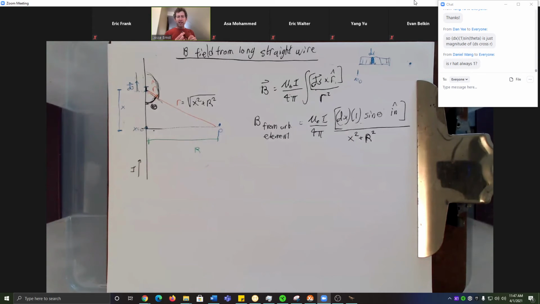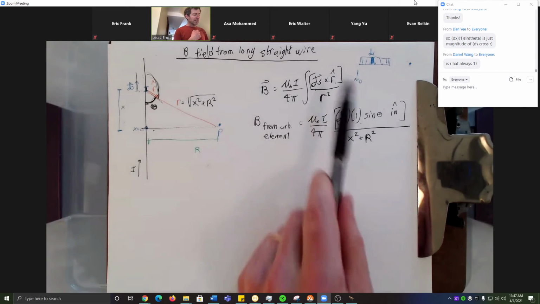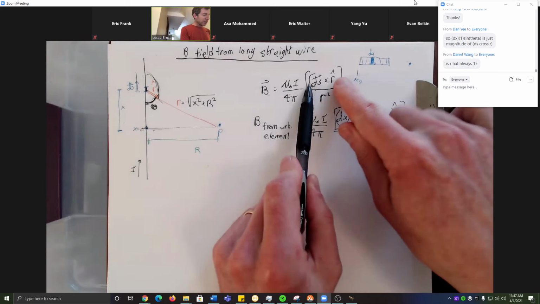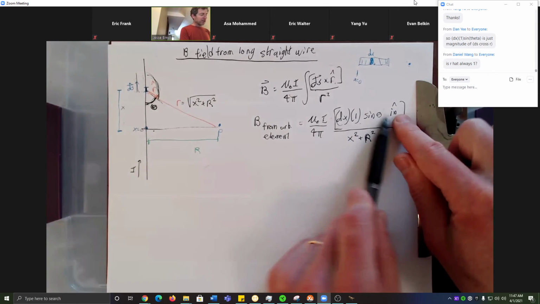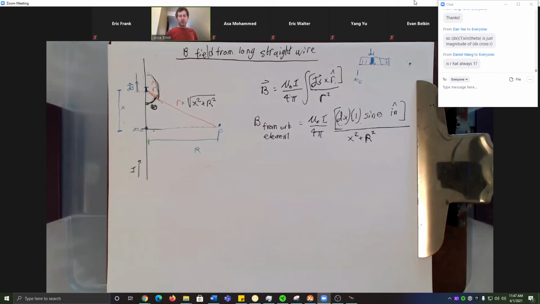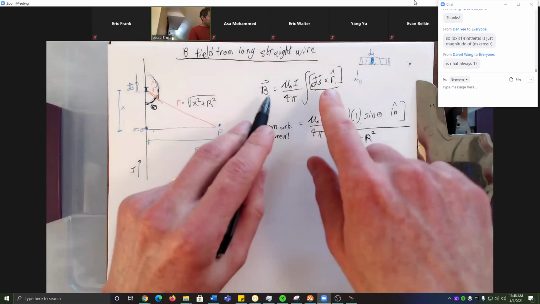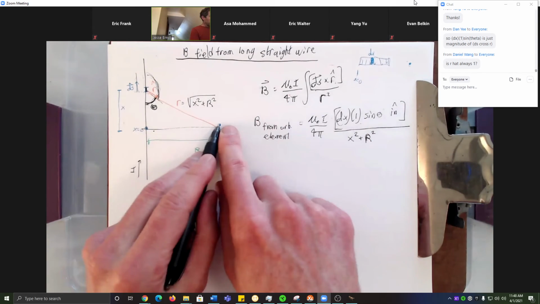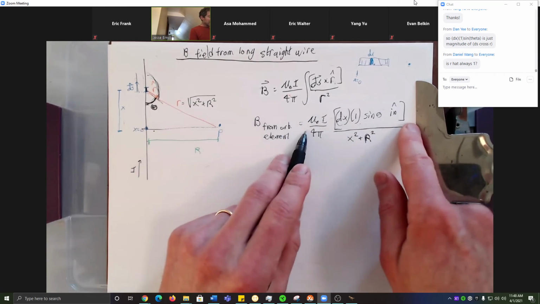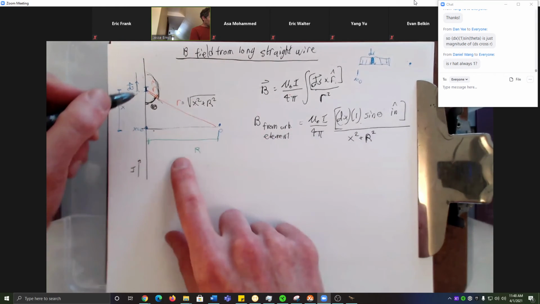Yes, Dan, dx times 1 times sine of theta is the magnitude of this cross that. So this is the magnitude of that. This is the direction of that. Right? And then somebody else had a question that I cut off and I've forgotten what it was. I asked what happened to the integral. Oh, yeah, thank you. Right, the integral represents the total B field here. This is the B field here just from this one element.